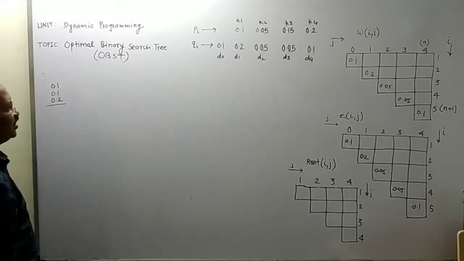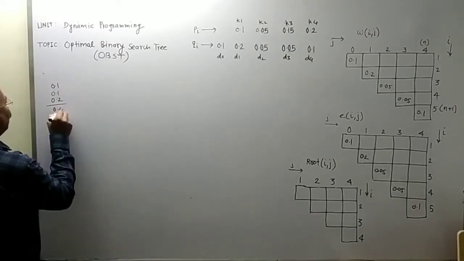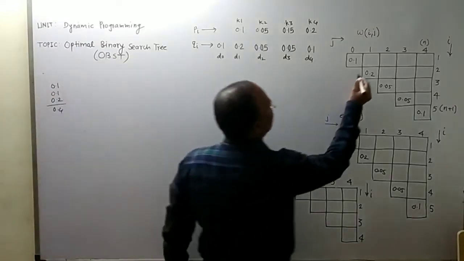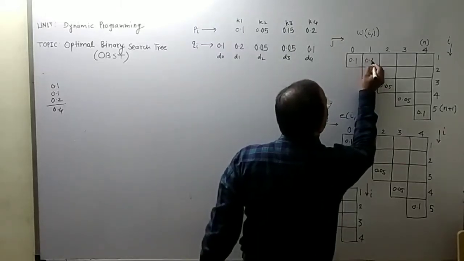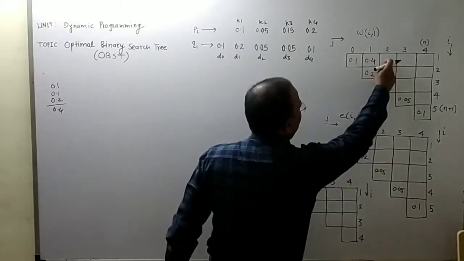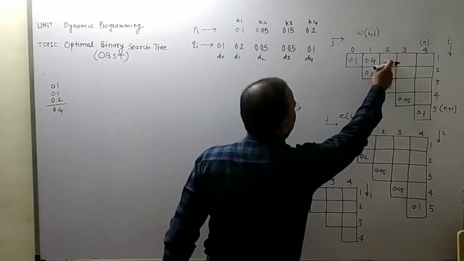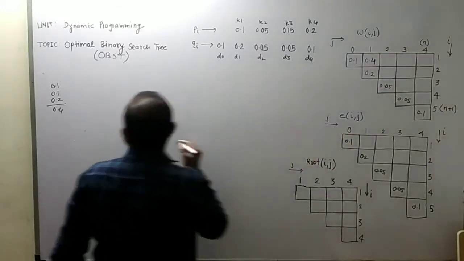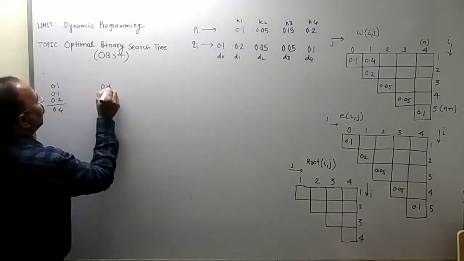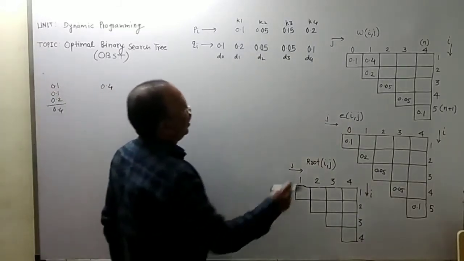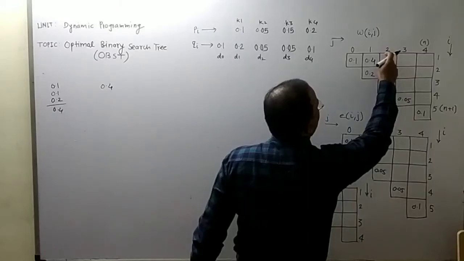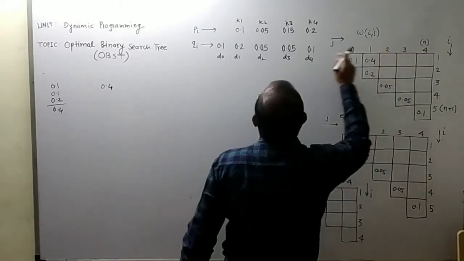Take the sum of this, it comes to 0.4. So write here 0.4. Find out the value of this cell. For that we have to refer to the previous value, that is 0.4, and the probabilities of K2 and D2.